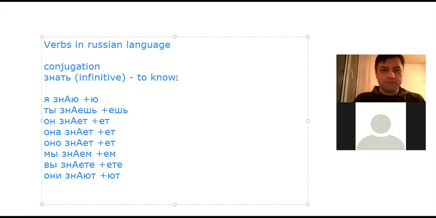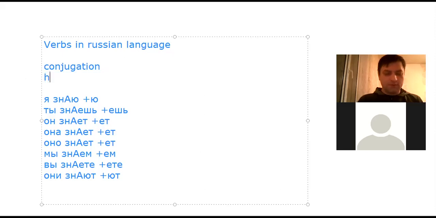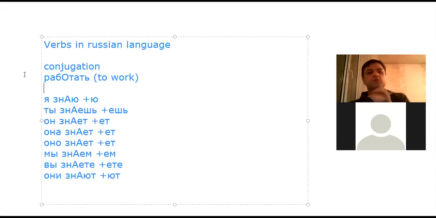The next word that we're going to conjugate would be работать. Работать, which means to work. And please use the same formula, the one that I explained, to conjugate it for all the pronouns.